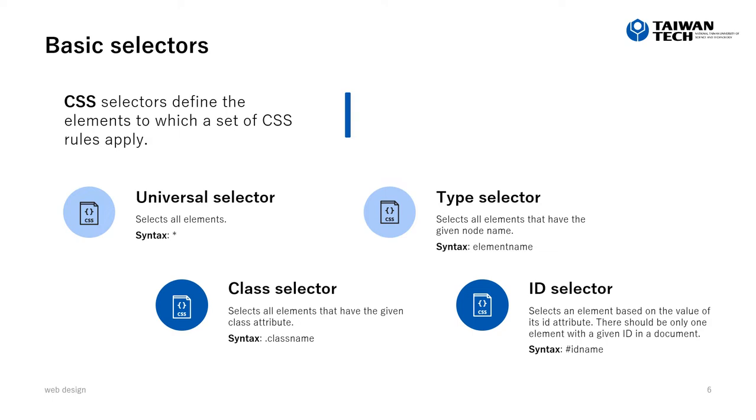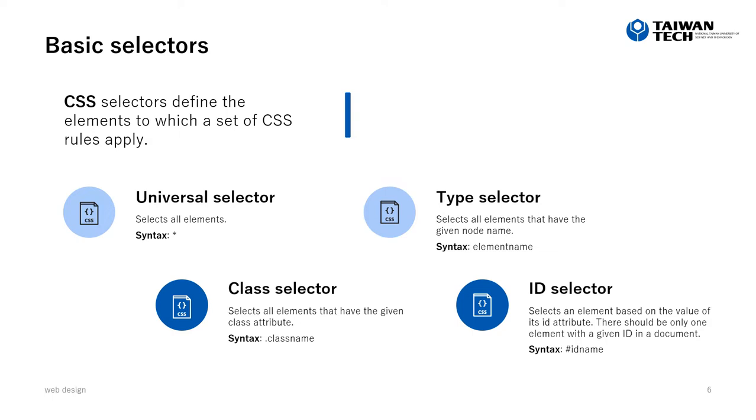And sometimes we need to set up an ID. What is an ID? It's your specific character. Maybe just your ID number. I am the teacher of web design, so I will have a specific character.